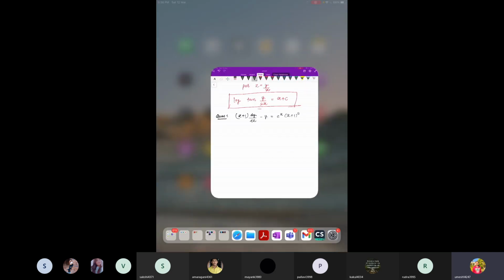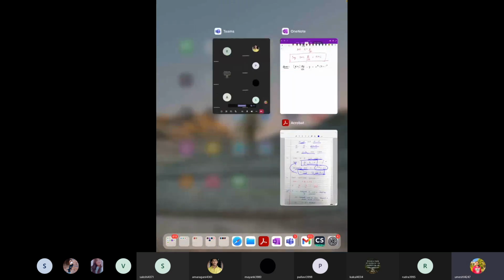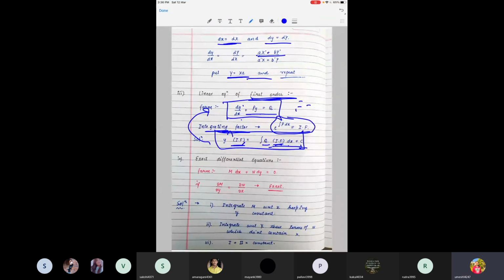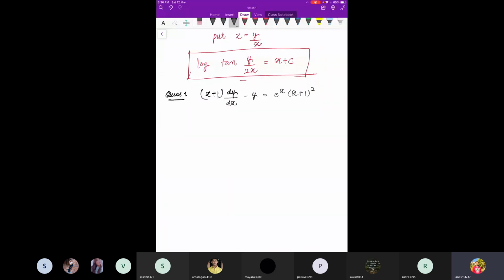So abhi I told you कि the equation must be in the form of dy by dx plus py is equals to q. इसका मतलब क्या है कि जो dy by dx का coefficient है that must be 1 only, but here we have the coefficient of dy by dx as x plus 1. So can anyone please help me in this question, like what should I do to make the coefficient of dy by dx 1?